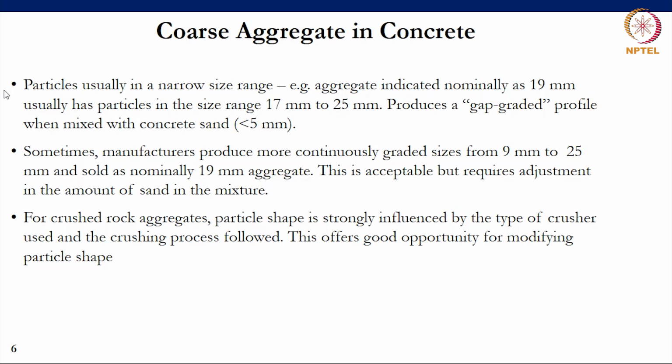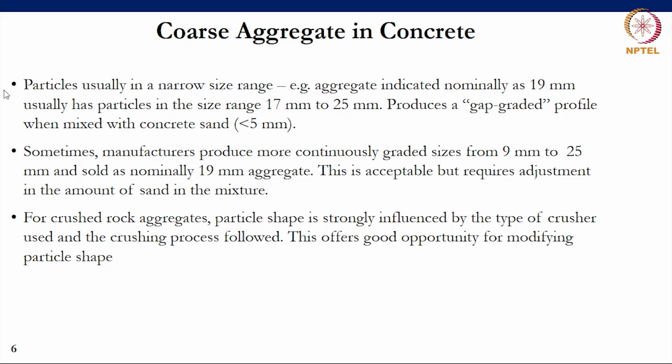In other words, there are really no sizes between 5 millimeters and 17 millimeters. Sometimes manufacturers produce a more continuously graded stone size ranging from 9 to 25 millimeter. And this is also sold nominally as a 19 millimeter aggregate. This is perfectly acceptable, but does require one to adjust the amount of sand in the mixture.